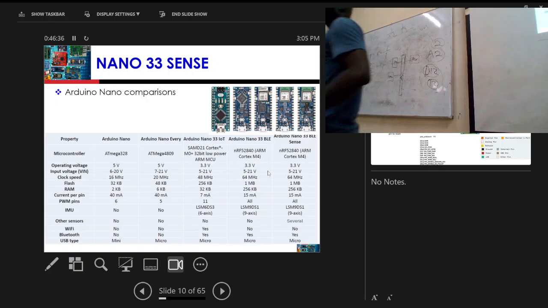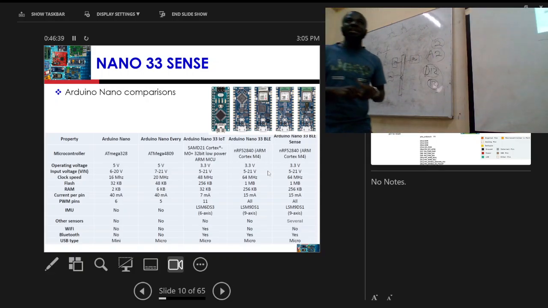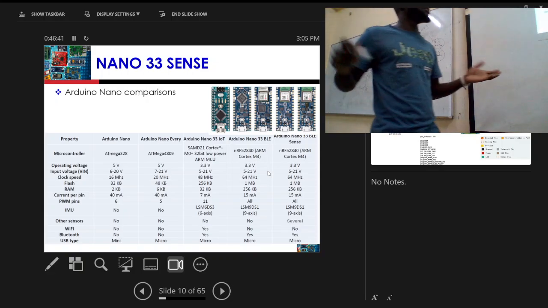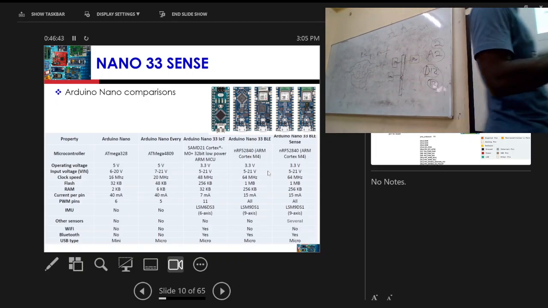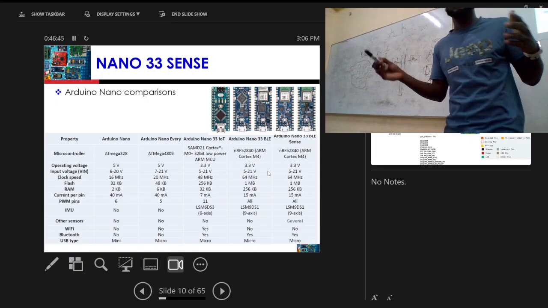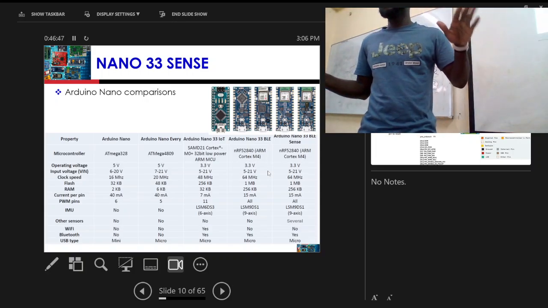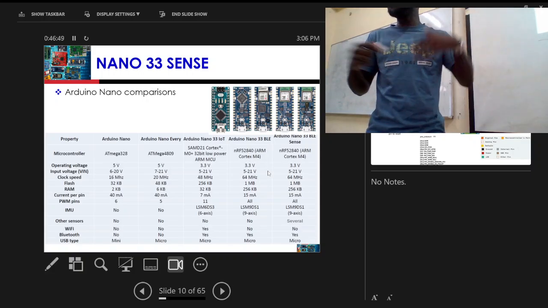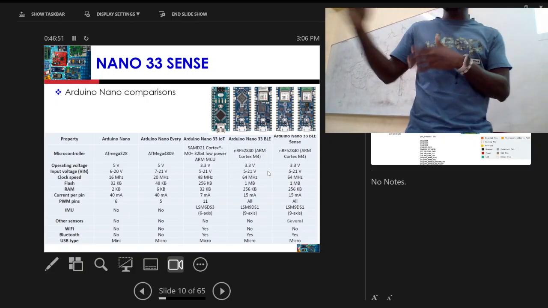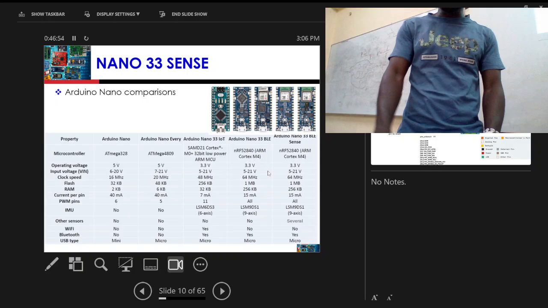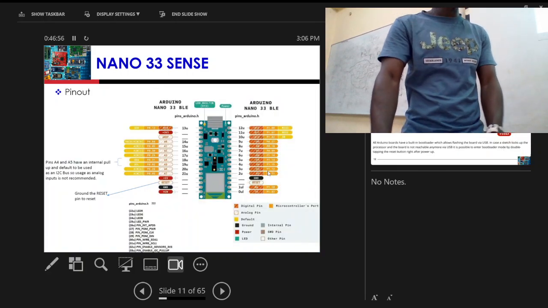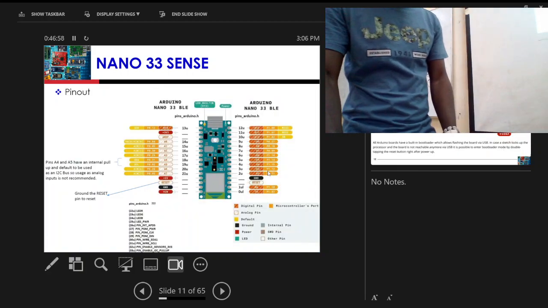The sensors. You might think the Arduino Nano BLE has sensors, but it doesn't. That's the only difference. So you must know exactly which application you are doing and which board to use. If not, you will be deceived into buying a lot of boards.